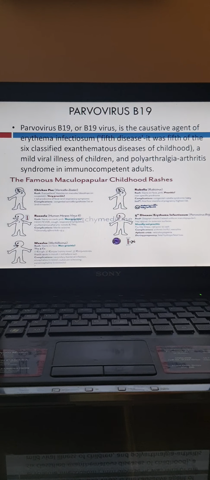Apart from fifth disease, which is caused by parvovirus B19, the other diseases of childhood which cause exanthema are chickenpox, roseola, measles, rubella, and the fifth disease, which is erythema infectiosum.